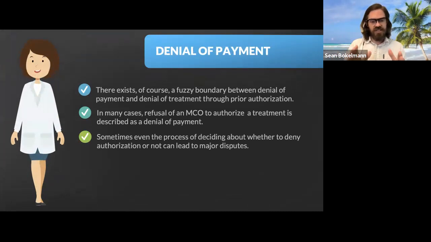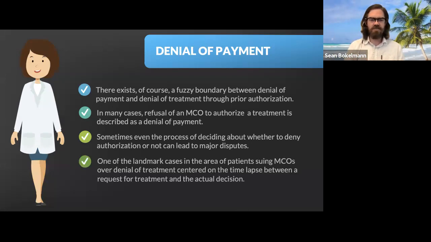And there's also this issue of a fuzziness or blurriness between the boundaries of these two types of interventions. In many cases, the MCO might refuse to authorize treatment, and a lot of times this might be described as a denial of payment, right? Oh, they're not authorizing this, that's a denial of payment. And sometimes even the process of deciding whether to deny authorization or not can lead to major disputes.